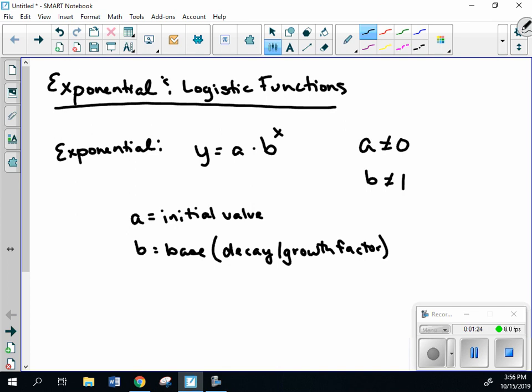And x is our variable that we're plugging into. So if you have anything in the form of your exponent with a number, that does not represent an exponential function, because that variable, or that x, has to be in that exponent spot. So that's good information to have there.